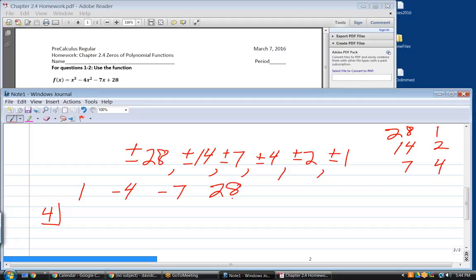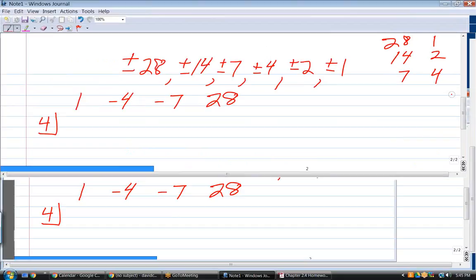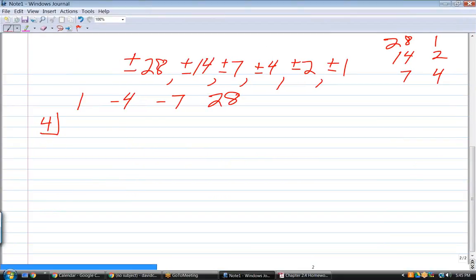That's very important, okay? So I'm going to synthetically divide 4 into the coefficients of my cubic polynomial. Okay. And if 4 is one of the zeros, then I will get a 0 as my last term right there. Mm-hmm. So you want to help me with the synthetic division? Okay, there'll be a 1 on the bottom first.